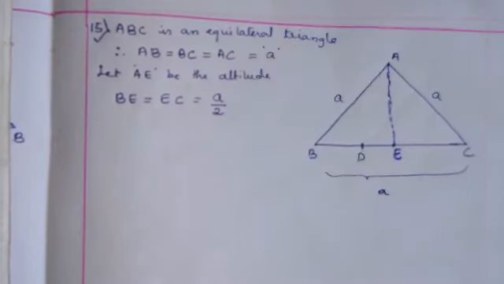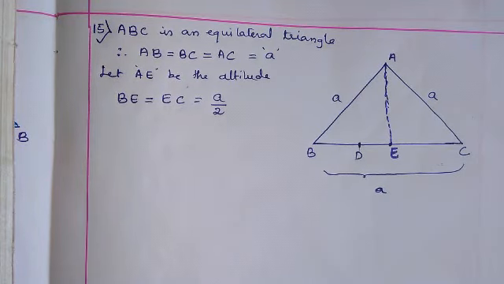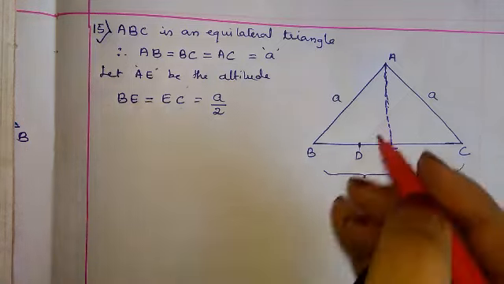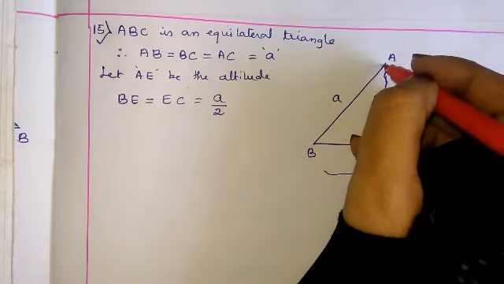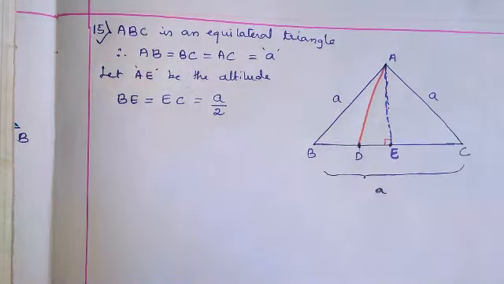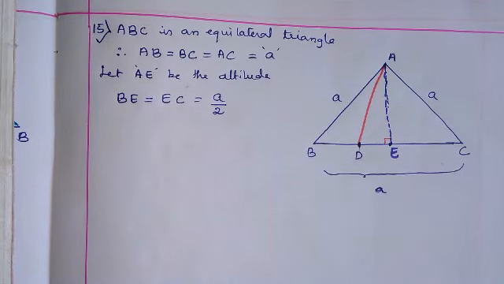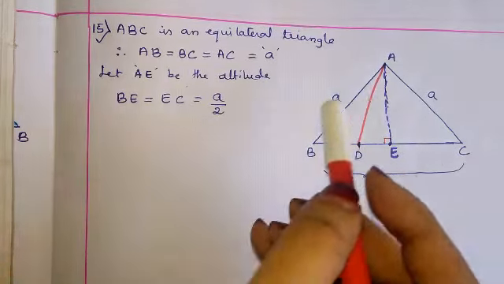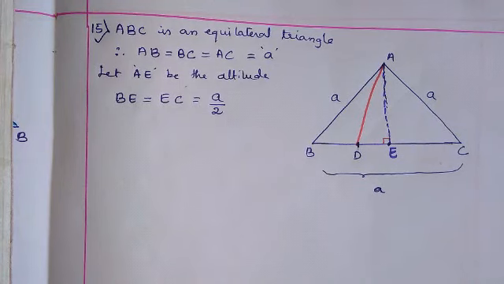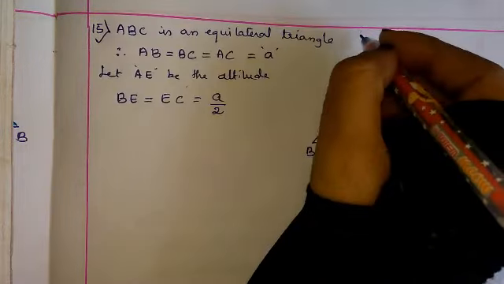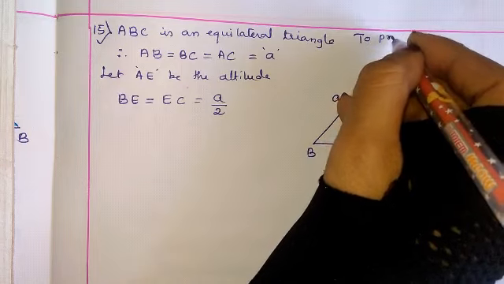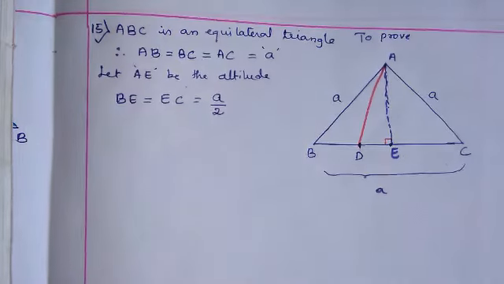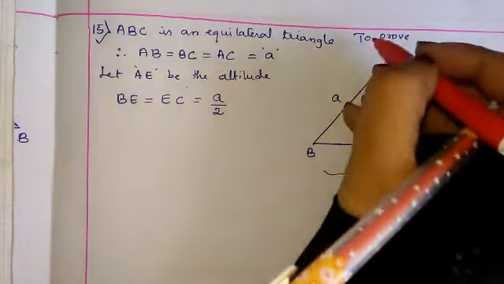Now, let us join this AD. This is 90 degrees, we know that. Let us join this AD. I have joined AD now. Why have I joined AD? There is a reason. Because they have told in to prove, I'll write here to prove. Because to prove, first it should be in our mind.